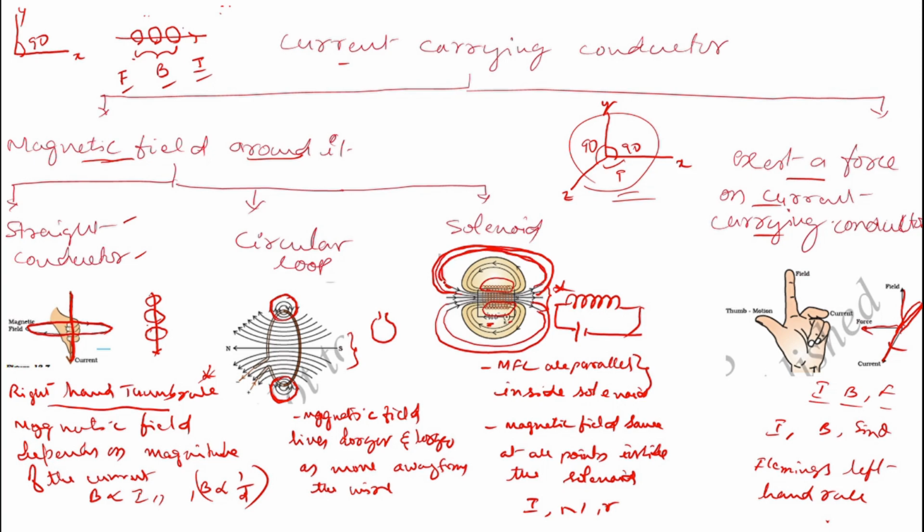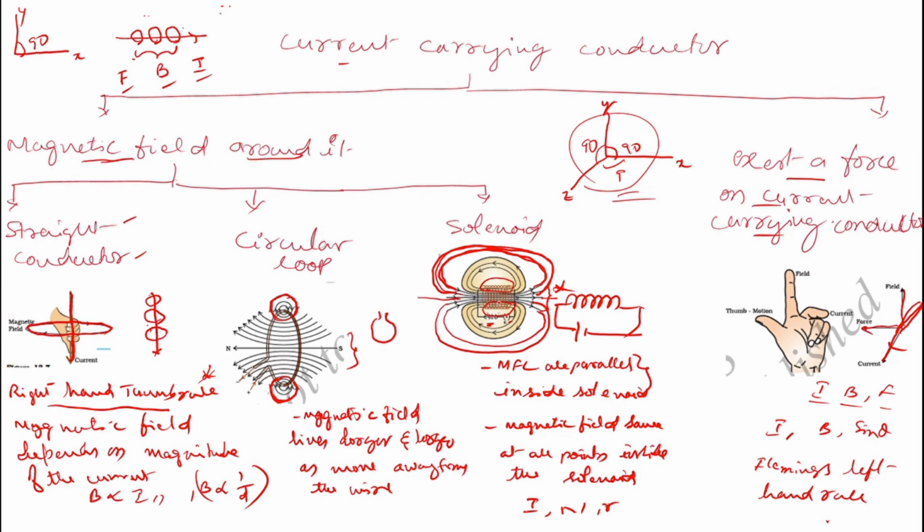The figure you will get is like this. That means at the center, you see, again a straight line. And these field lines you see, field lines are concentrated more in the center.